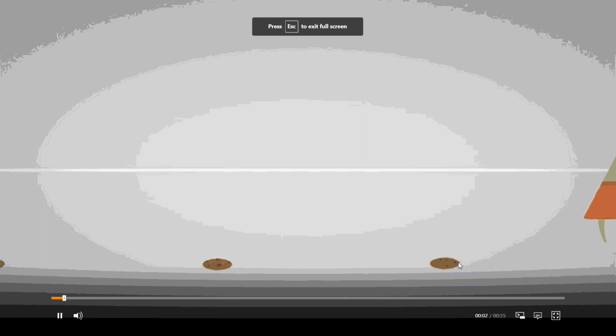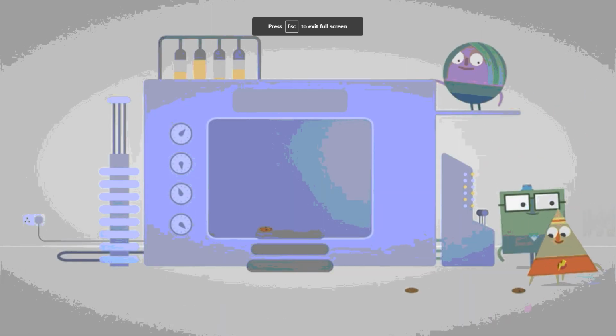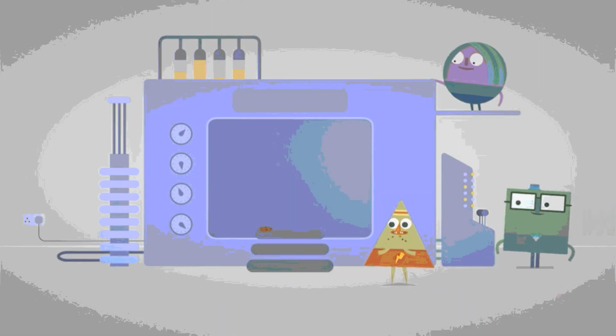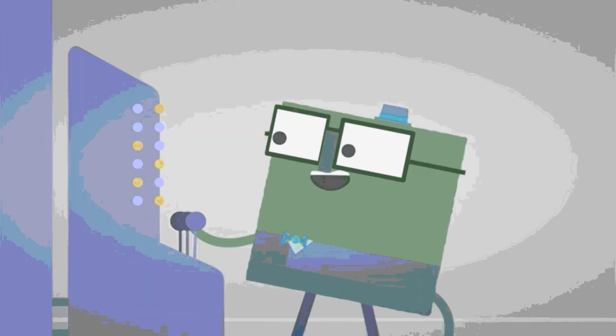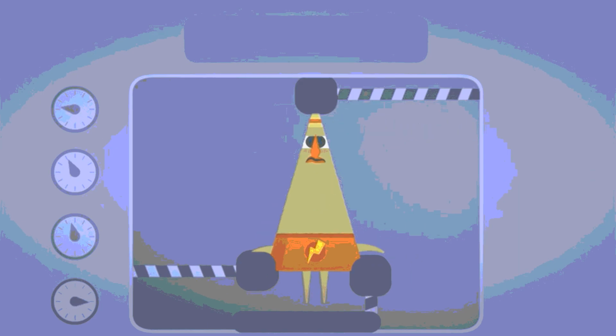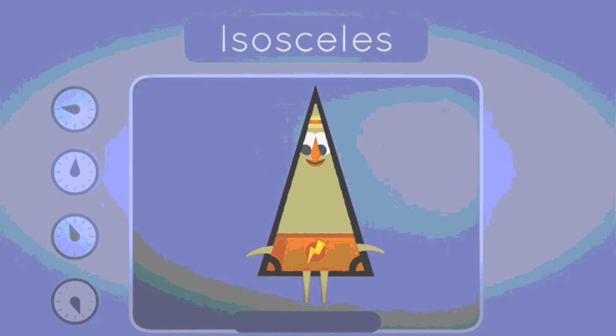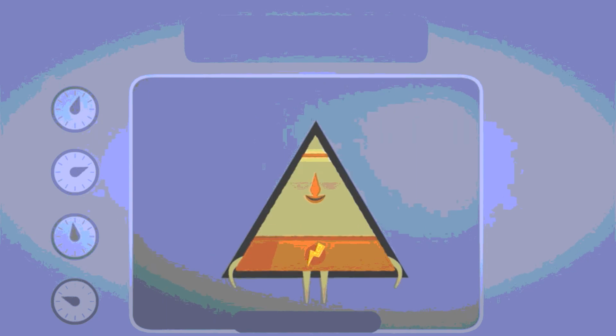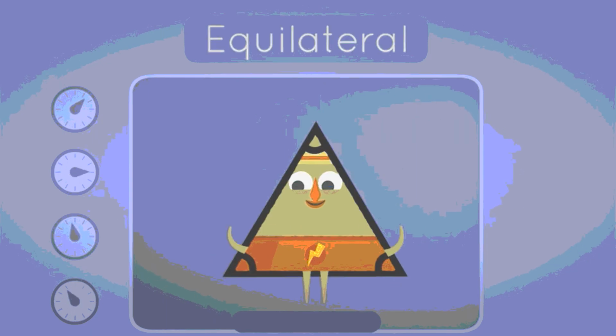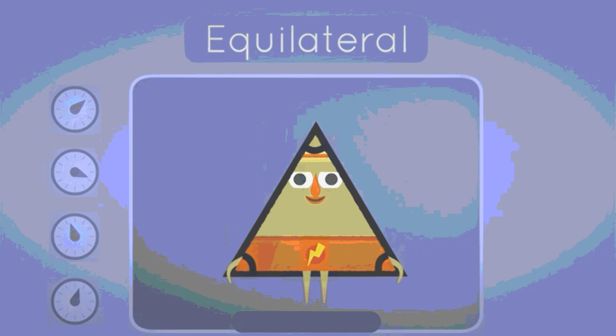So, what's with the biscuits? Oh, a triangulator machine. Very cool. Right. There are 4 different types of triangle. First, here's an isosceles triangle. It has 2 equal length sides and 2 equal angles. Oh, very clever. So, now we have an equilateral triangle. That's 3 sides of equal length.